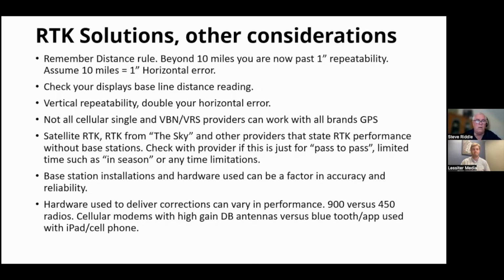So the other thing is base station installations and hardware used. Certainly can be a factor in any of the providers. I think for accuracy and reliability, there are antennas out there that meet survey grade spec. They're typically larger.